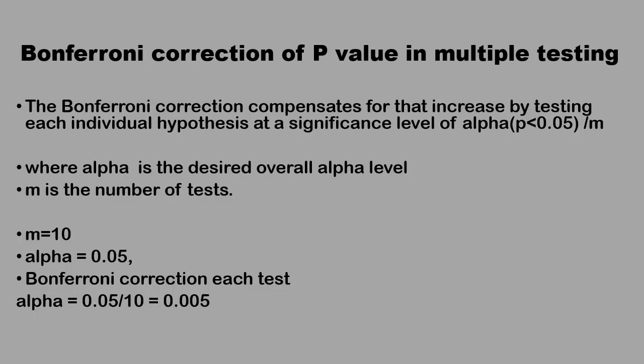One of the techniques for the correction of the p-value in multiple testing is the Bonferroni technique. Here, if you are repeating the test 10 times on the same output variable, and you have set up the p-value at less than 0.05, then you divide this p-value, the alpha value, by the number of tests you have conducted, the 10 in this example, and the resultant corrected or adjusted p-value should be 0.005, and any results of the 10 tests that is less than or equal to this would then be significant.